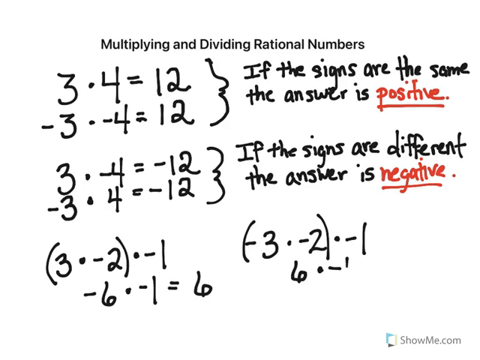Bring down your times negative 1. Positive 6 times negative 1, with different signs, will give you a negative 6. So sometimes changing the signs on the numbers will give you a different answer. The first one was a positive times a negative times a negative, and it gave you a positive answer. The second one was a negative times a negative times a negative, and it gave you a negative answer.